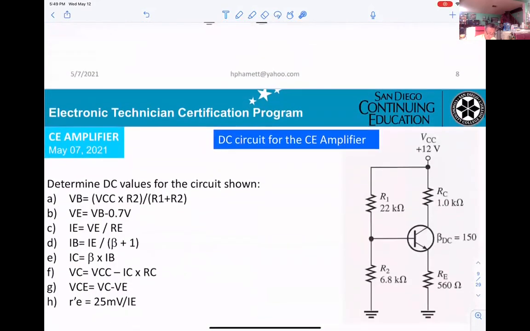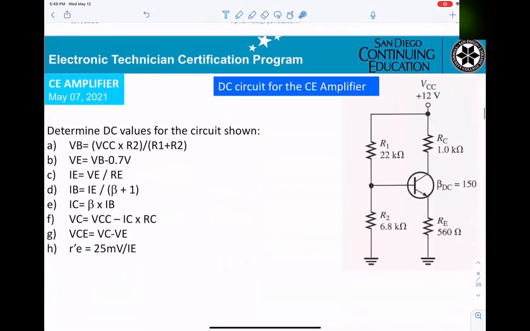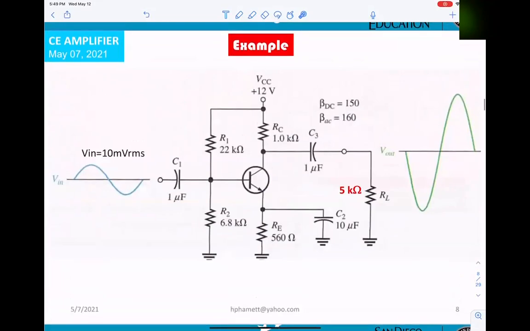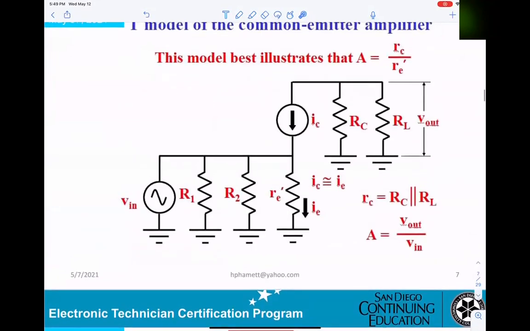Hey, Mr. Pham, can you go back to that other one? One more. Yeah, right here. The little rc, that's the big RC in parallel with the RL.